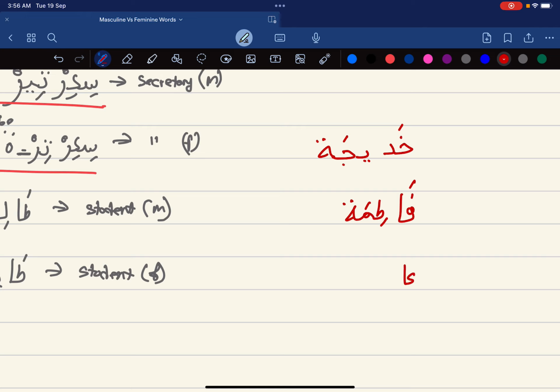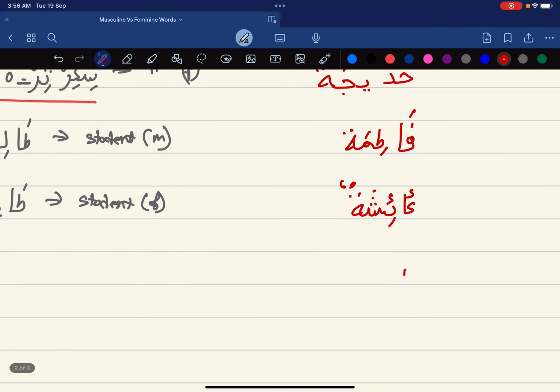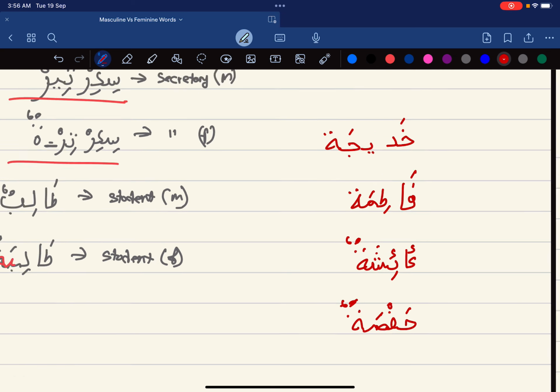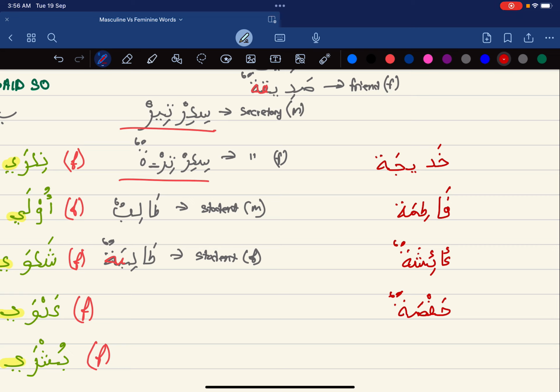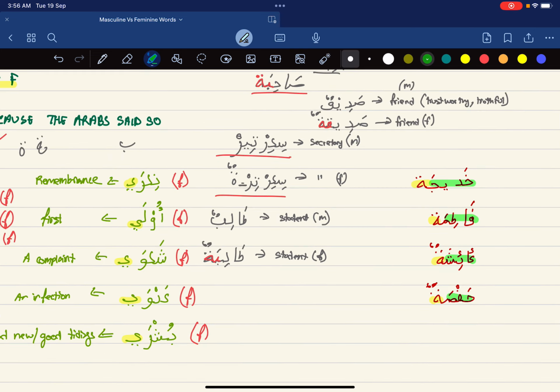Then the name Aisha. Aishatun. Hafsa. Beautiful names, right? All of these names might end with ta marbuta, but even so, they are names of girls, so they are, hands down, feminine.